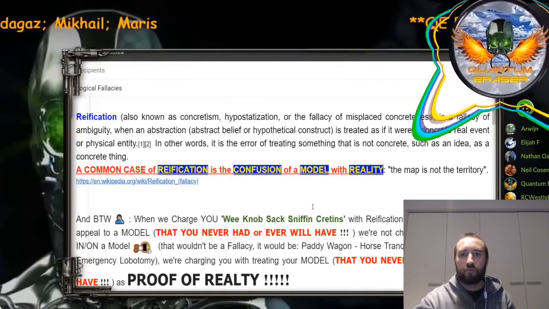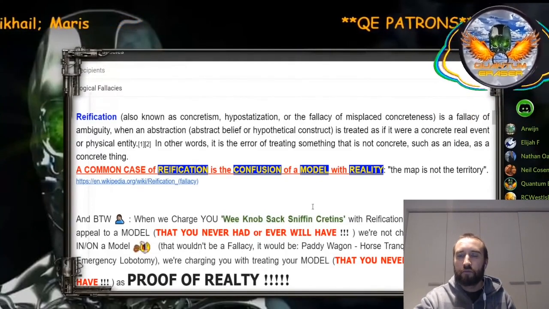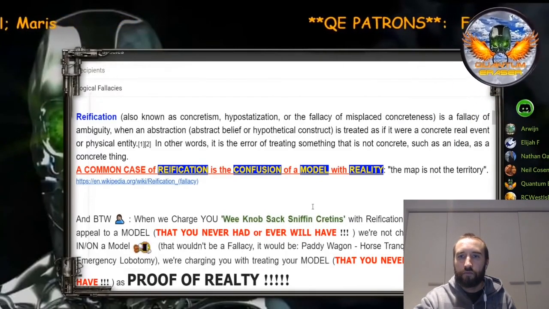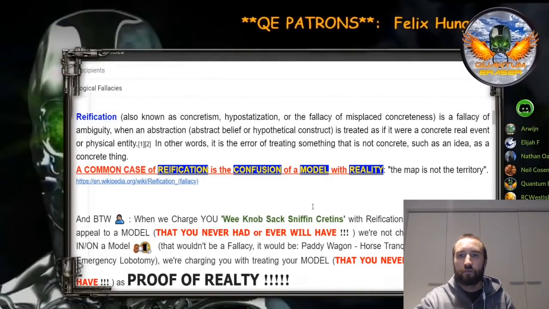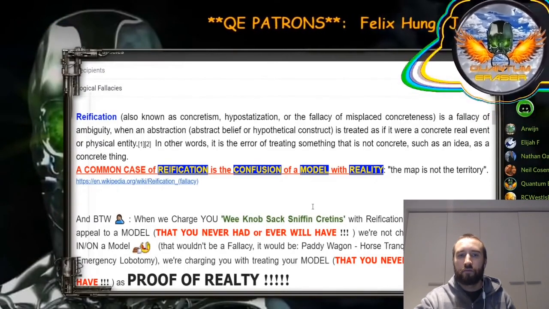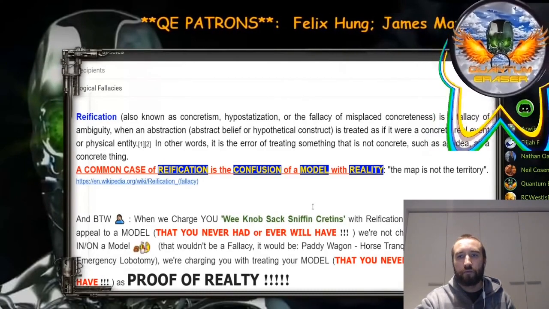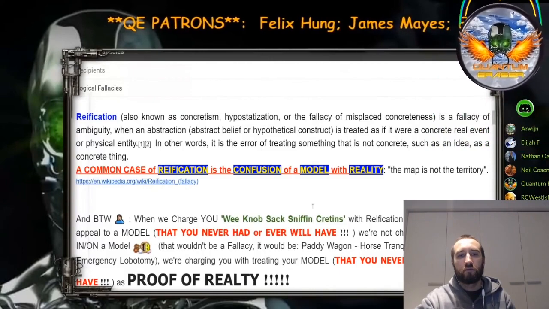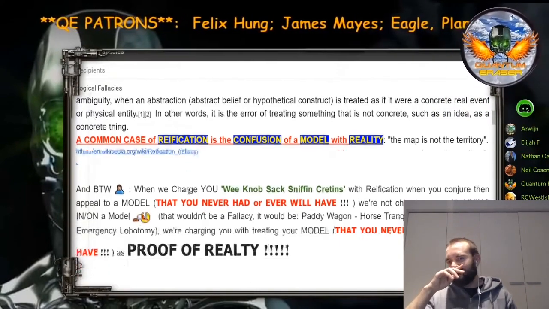In other words, it is the error of treating something that is not concrete, such as an idea, as a concrete thing. A common case, listen up, ballers. A common case of reification is the confusion of a model with reality. The map is not the territory.